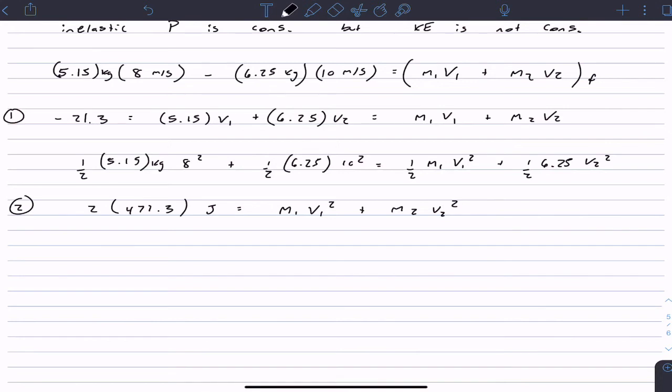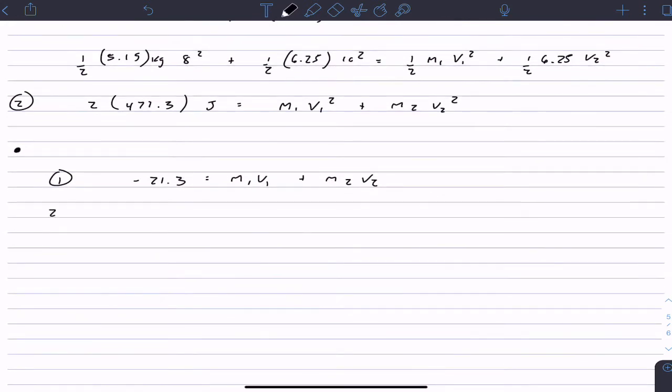Rewriting these down here for clarity's sake, equation 1: negative 21.3 is equal to m1 v1 plus m2 v2. Equation 2: 954.6 joules is equal to m1 v1 squared plus m2 v2 squared.